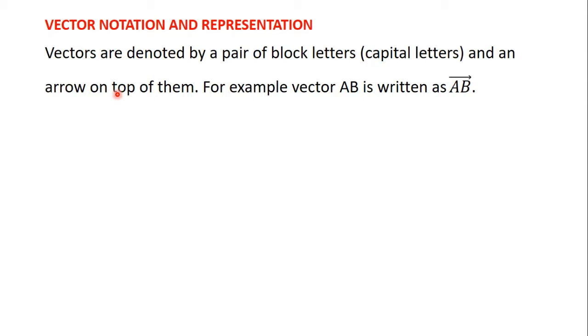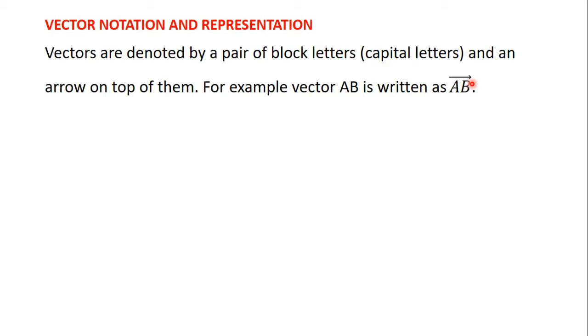Just as we saw in bearings, vectors can also be represented on diagrams. Vectors are denoted by a pair of block letters or capital letters and an arrow on top of them. For example, vector AB is written as AB with an arrow on top of it.